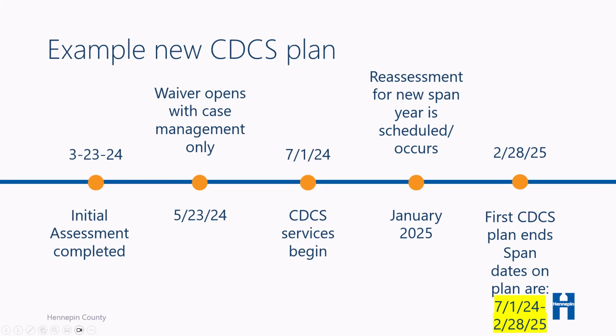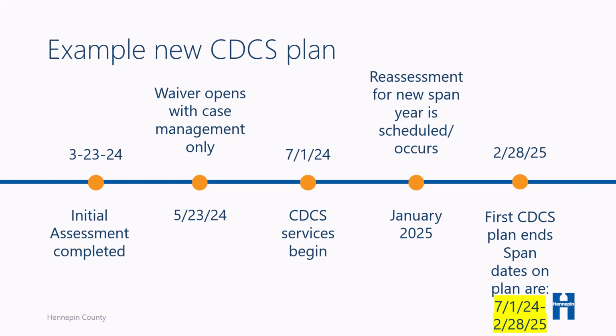We understand that this is confusing. This is why the CDCS specialist will help guide you with an accurate end date once they receive your plan. The purpose of this slide is to just show you how much technicality is included in when your waiver renews and the DHS policies on when a waiver must open in order to secure that waiver span.